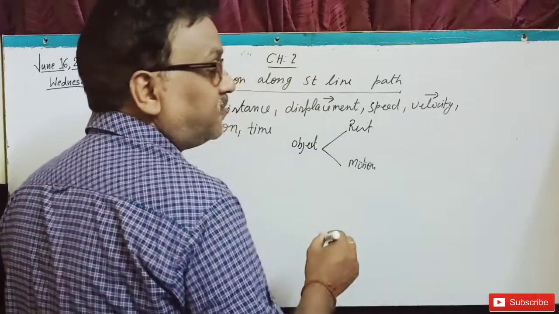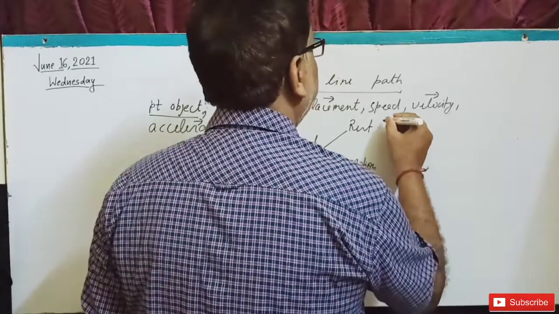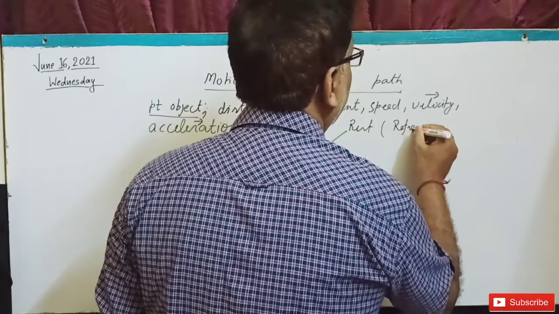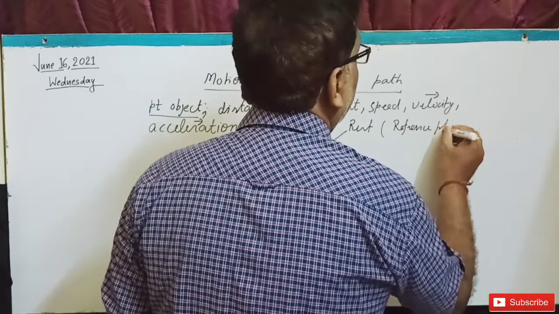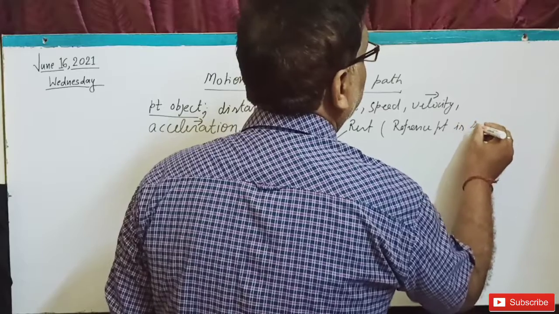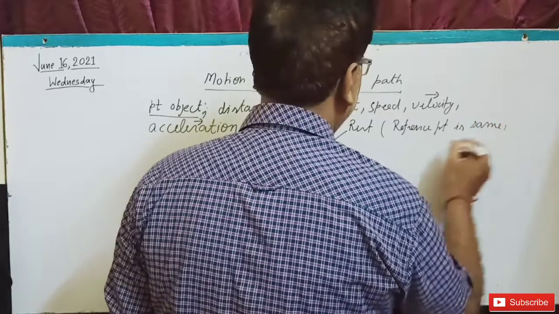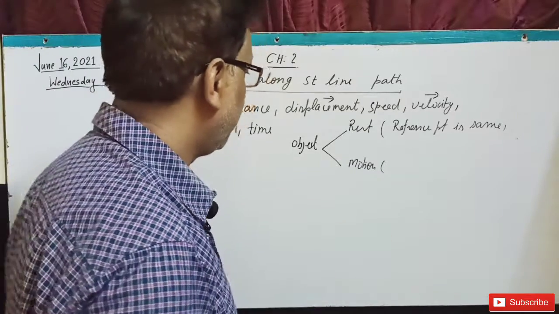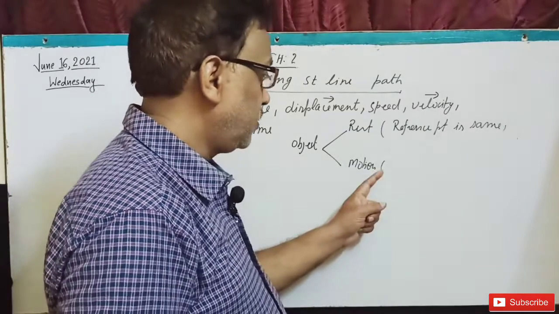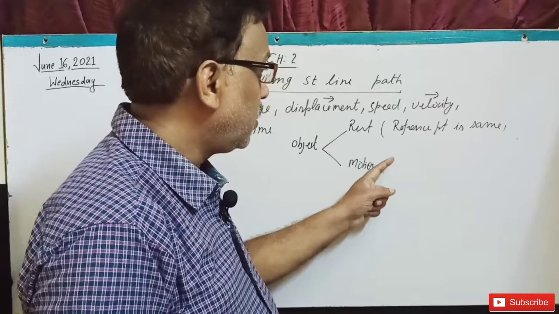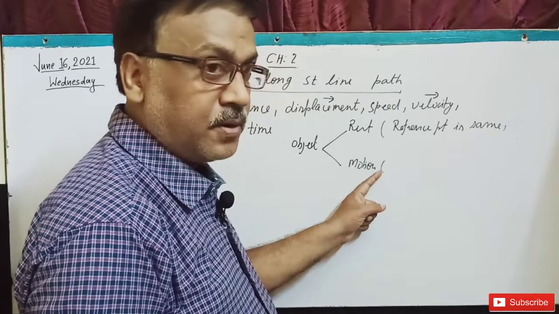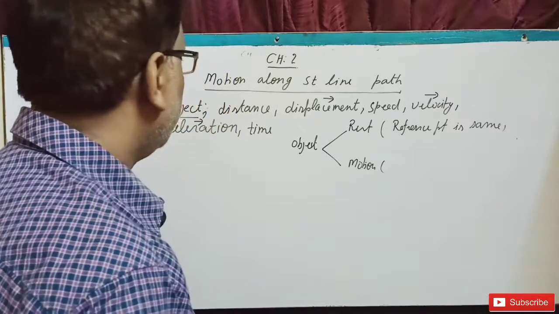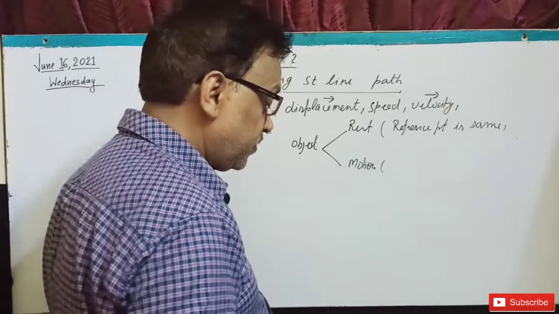In case of rest, the reference point is the same, and in motion it is different. It means the object moves about the reference point from one point to another. So these are the elementary points.